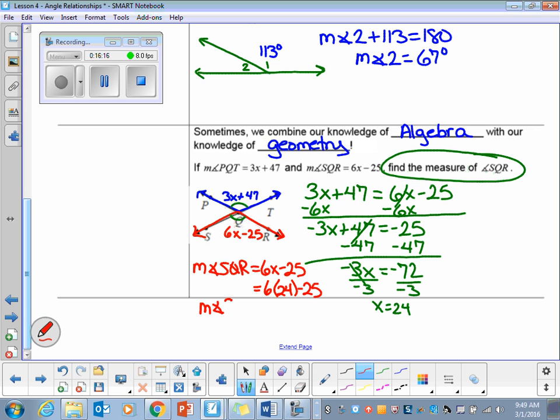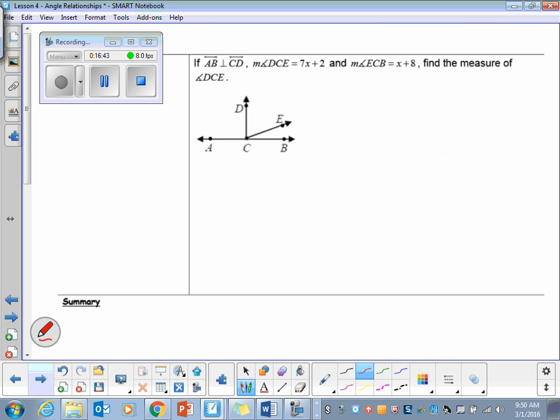So my measure of angle SQR is going to be 6 times 24 minus 25. Love my calculator. 119 degrees. Okay. We tie together geometry, vertical angles, with algebra, solving the equation, substituting. That's a beautiful problem. Let's do another one.